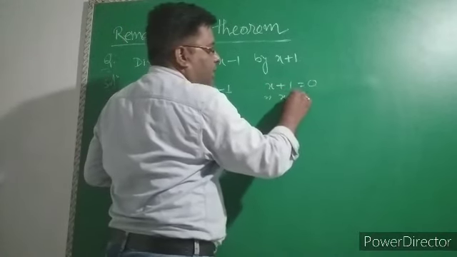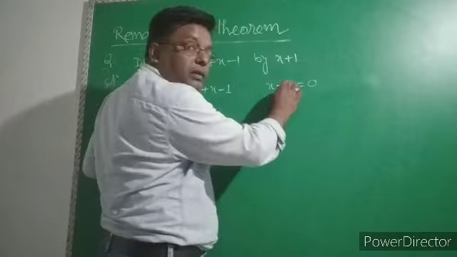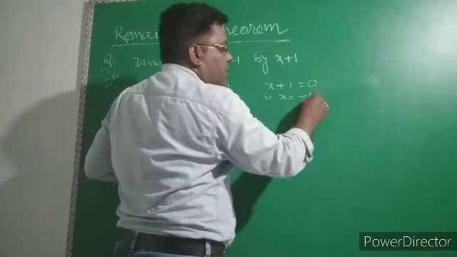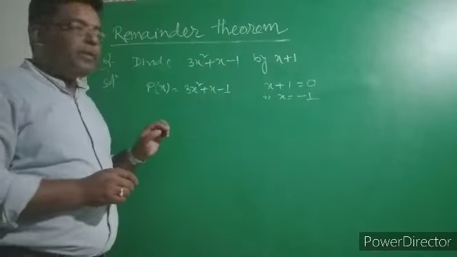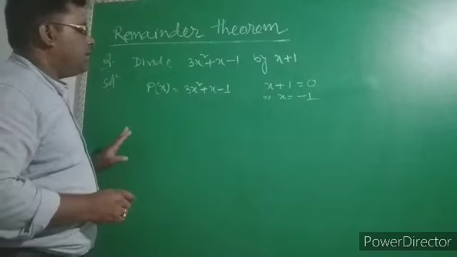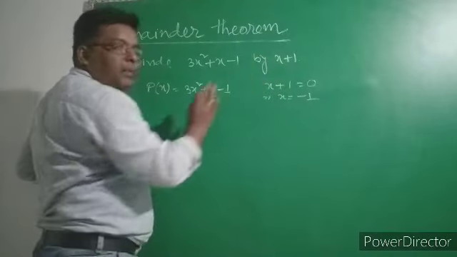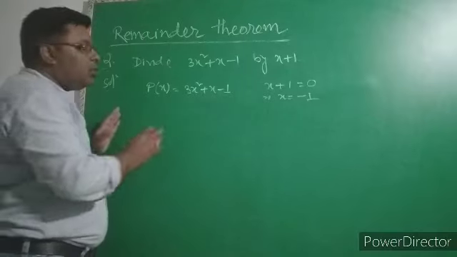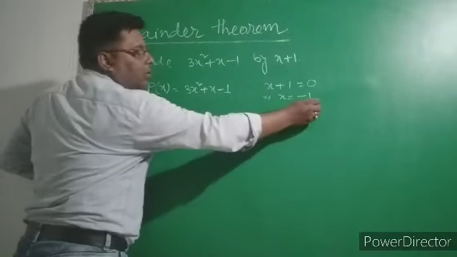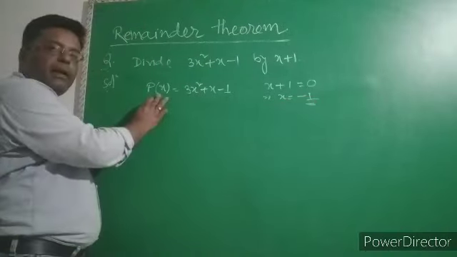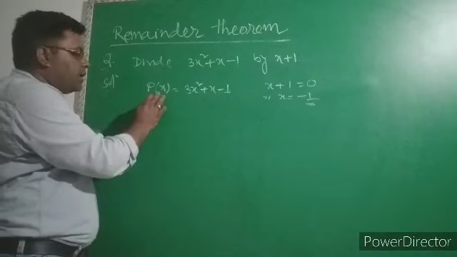If x plus 1 is 0, then x equals, taking 1 to the right side, minus 1. Now see, the zero of this divisor is minus 1. We will put this zero, minus 1, in place of x.